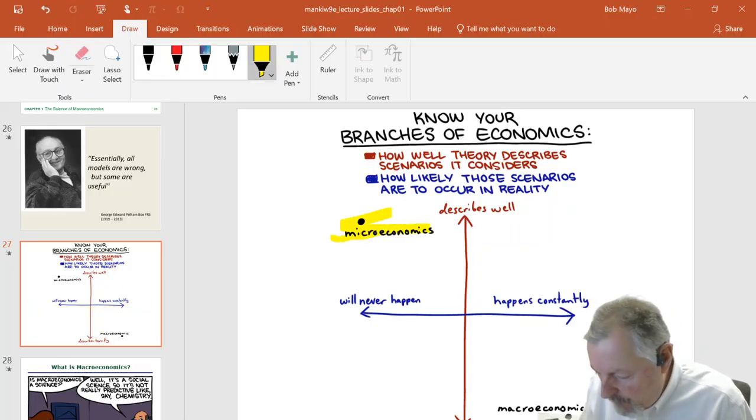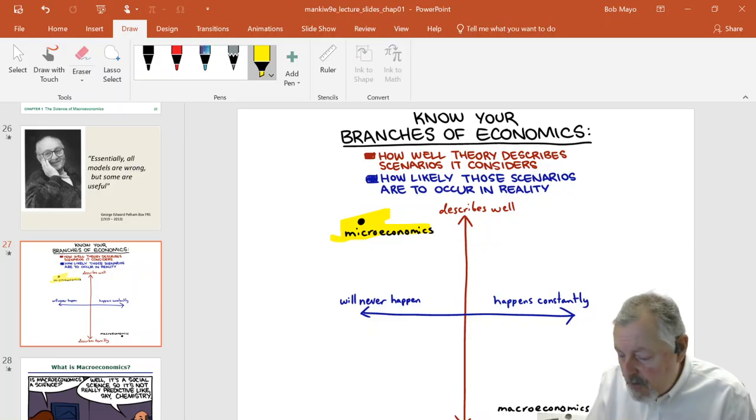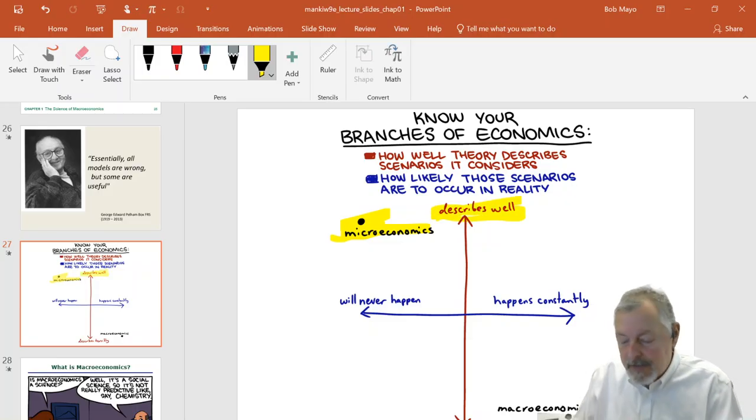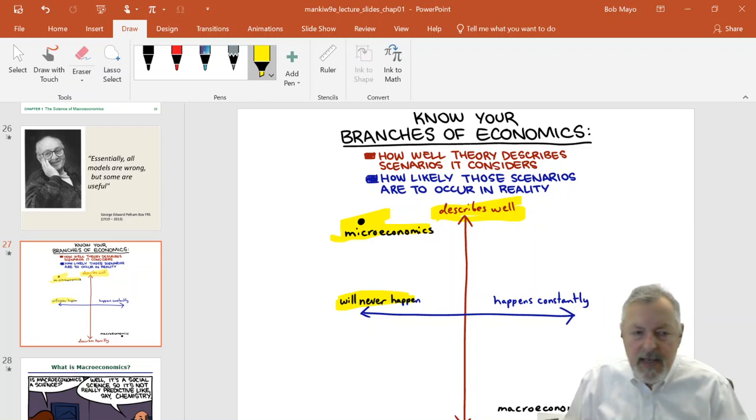Here is micro. Micro describes very well things that will never happen. What that means is microeconomics, in describing individual behavior, frequently includes assumptions that are not really true in the real world. Like, everybody's perfectly selfish. Well, we know that's not really true.